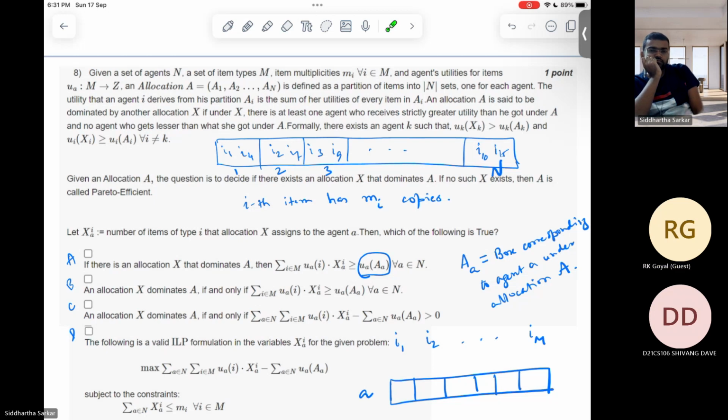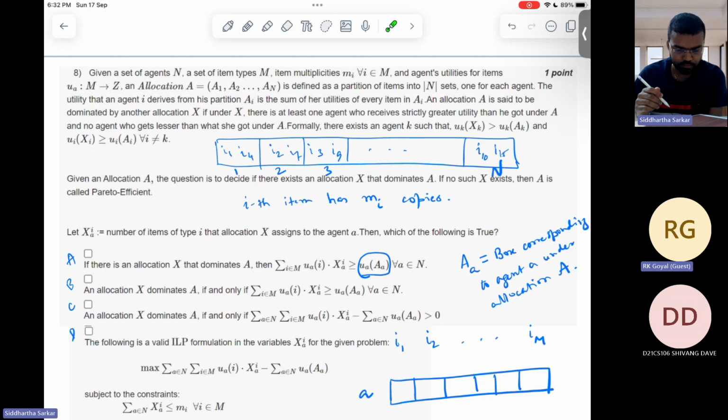But it is given in the question that for all the A's, which are elements of the capital N, this should be true for all the agents. Therefore, this statement cannot be true. At least one of the agents should get better value. Correct, that is true.